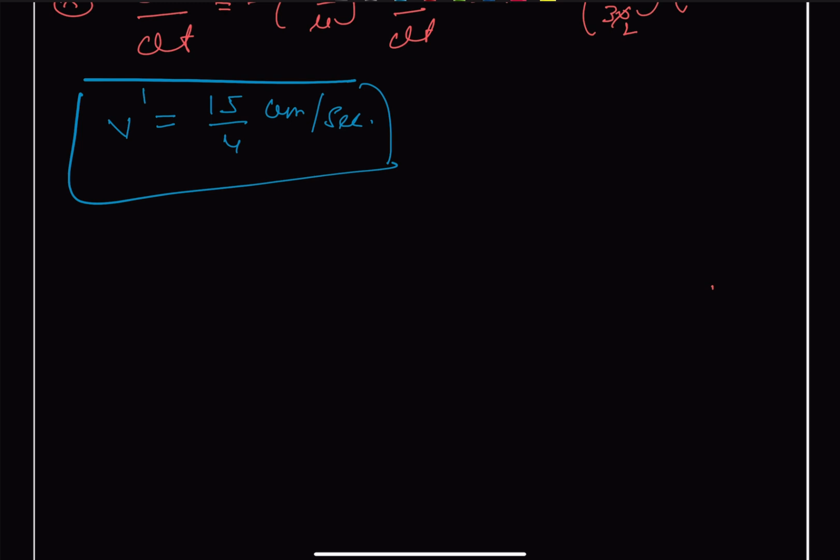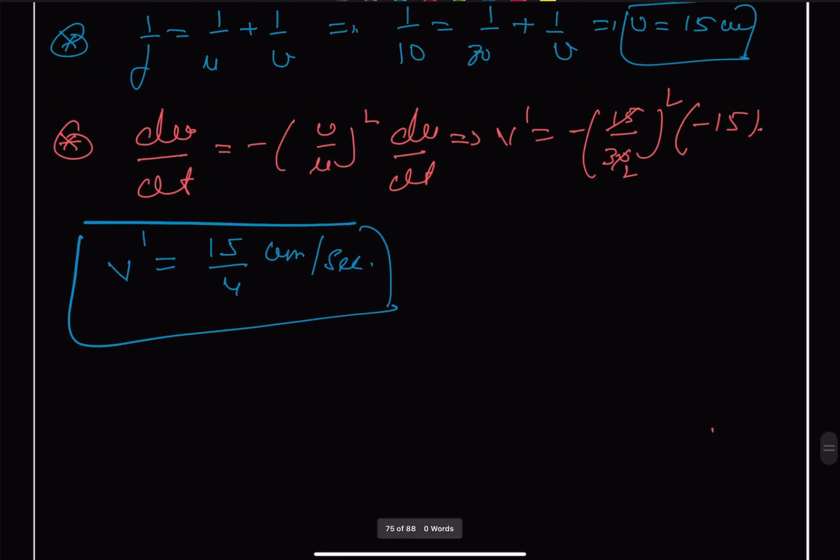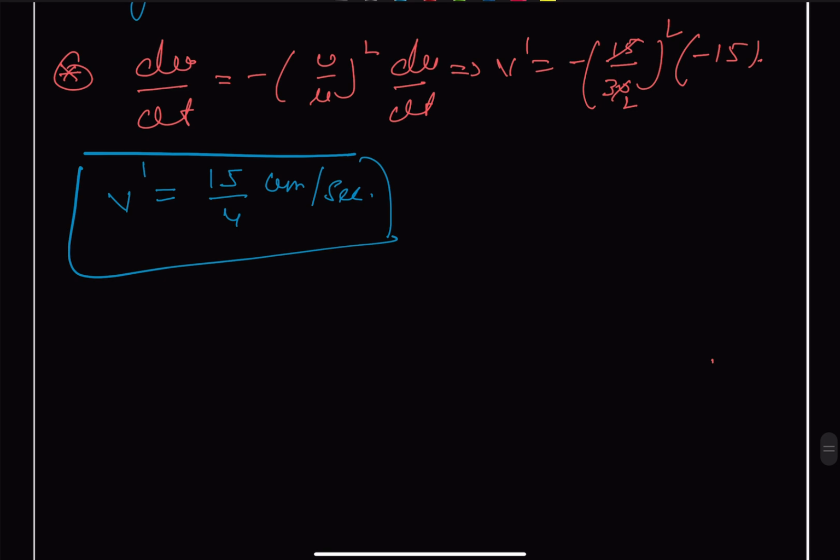So we found out that our v prime is 15/4, and this is okay, 15/4.